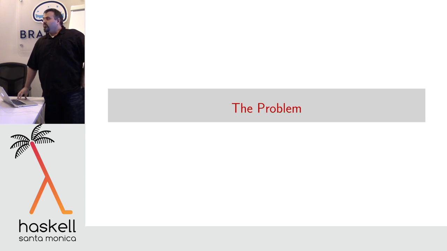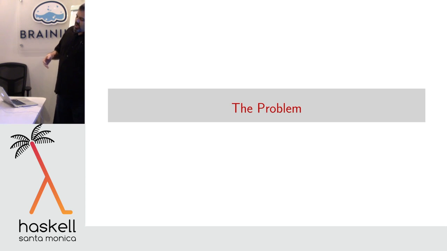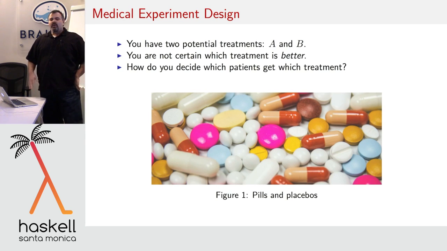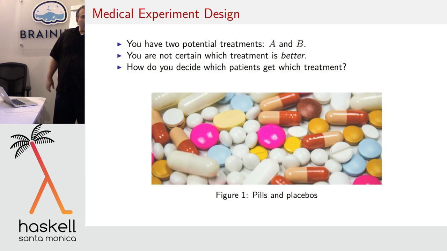So let's talk about the problem that this paper purports to solve. The problem we have here is medical experiment design. Thompson was a medical researcher at Yale. And it's a basic, typical scenario. You have two potential treatments, call them A and B, and you're not certain which treatment is better in some observable sense.